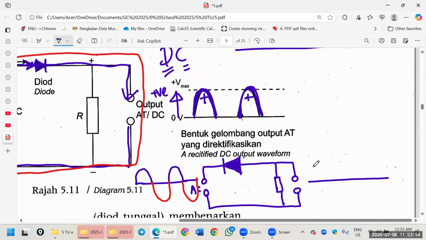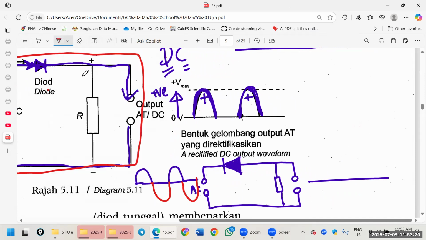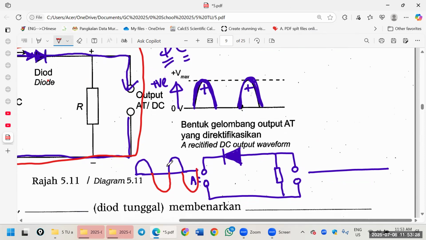What is your output voltage? Dark blue or red? Which one? Okay, actually left red color only. Get the idea?